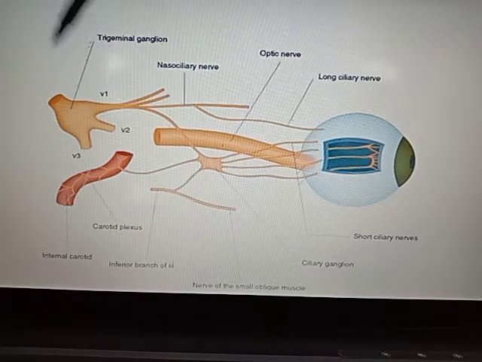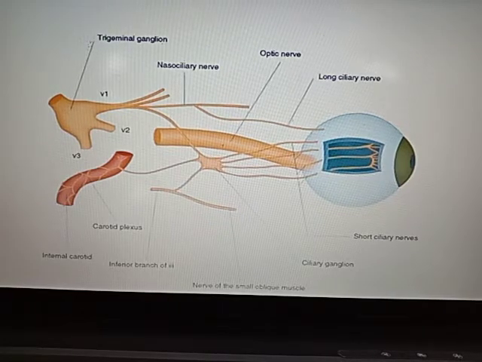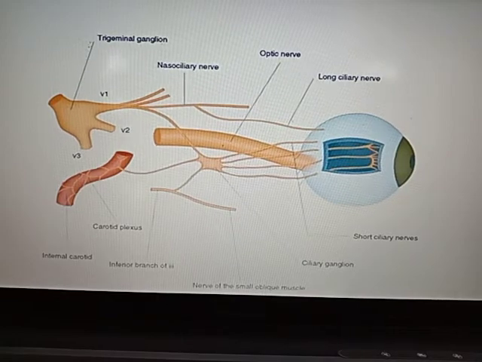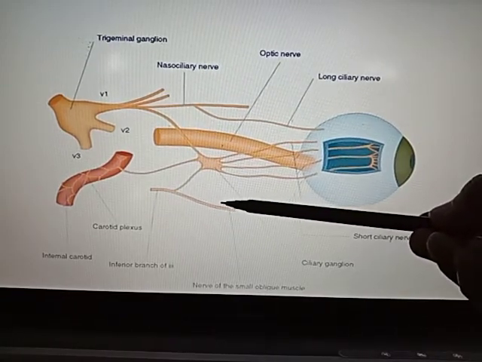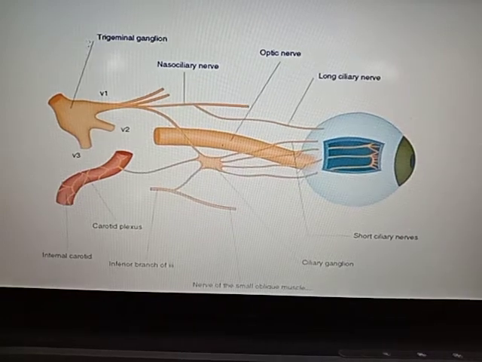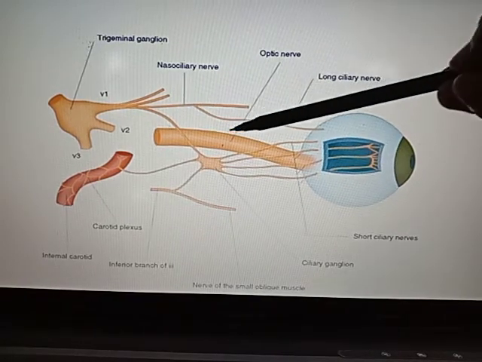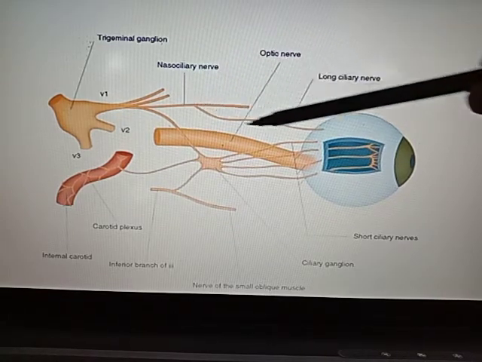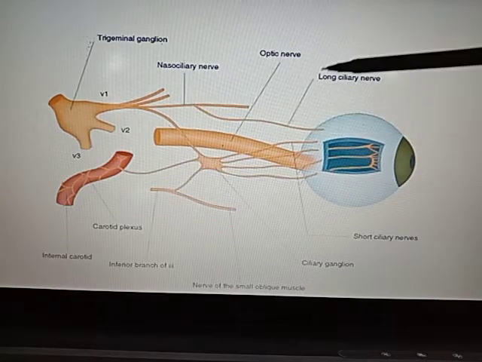The sensory root comes to the ciliary ganglion, and from the oculomotor nerve the parasympathetic supply goes to the ciliary ganglion. This thicker one is the optic nerve, and the branch of the nasociliary nerve which goes to the eyeball is the long ciliary nerve.